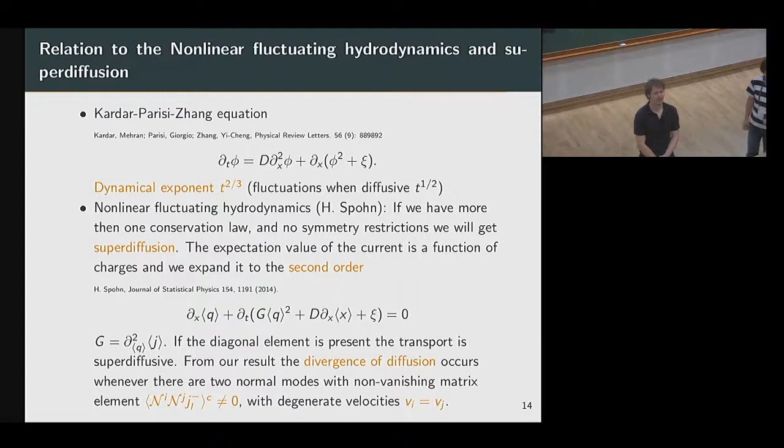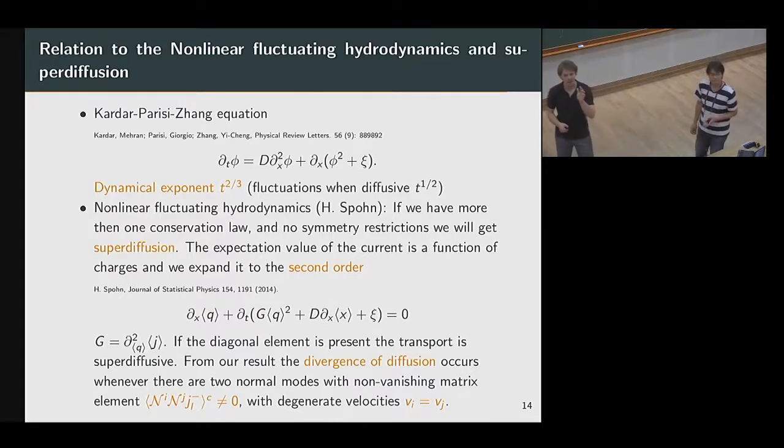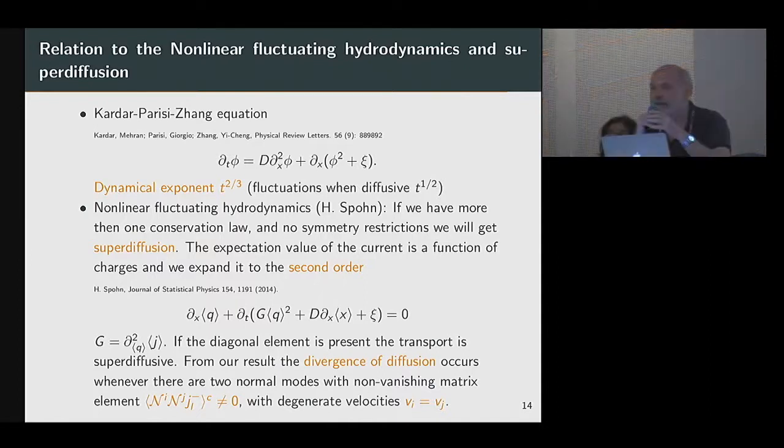This is not quite the case. You can get just normal diffusion without any particular symmetry. It's a question of choice of parameters. You can fine-tune parameters such that you get diffusion. You don't need a symmetry. I mean, in your second point, you say you get super diffusion if there's no symmetry restriction. But you can have no symmetry.